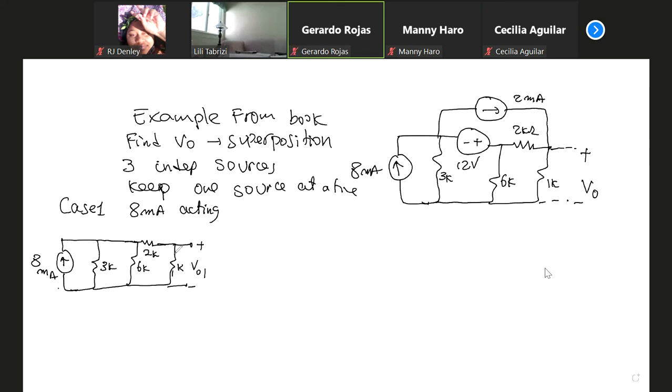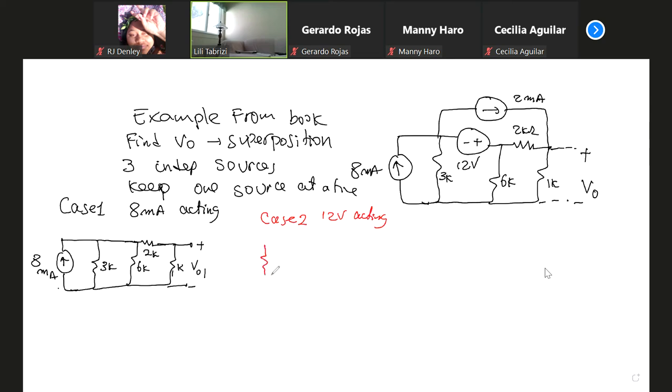Then we have case 2. For case 2, the 12 volt source is acting. Keep all the passive elements, just kill the sources. In this case, the 8 milliamp current source is open.